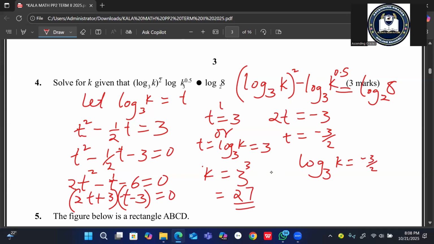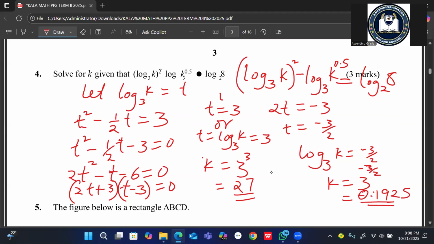So our k should be equal to 3 to the power negative 3 over 2, which gives you 0.1925. Those are the two values of k.